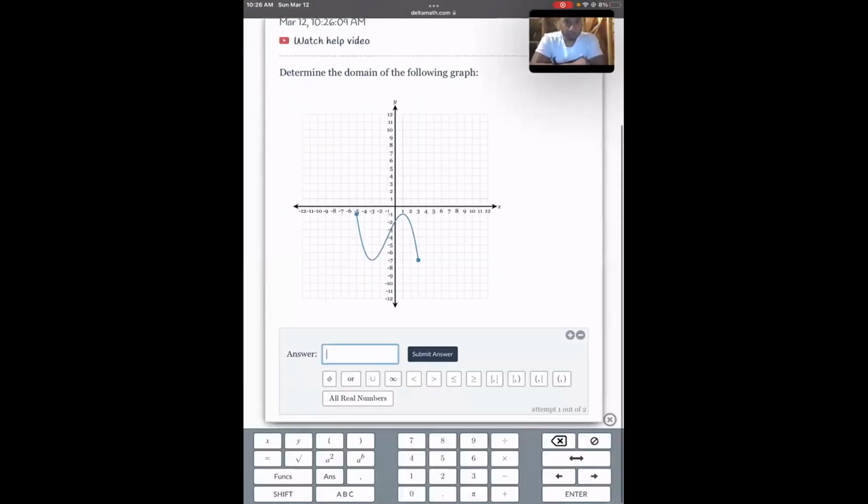All right, domain, smallest x value, biggest x value. Not 6, but yeah, 3. Yep, good.